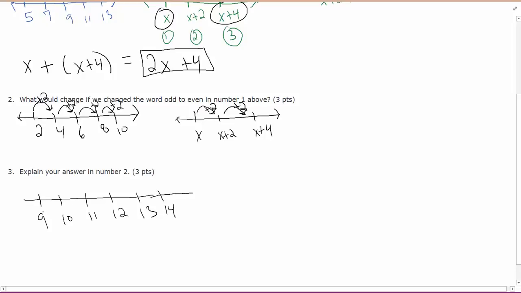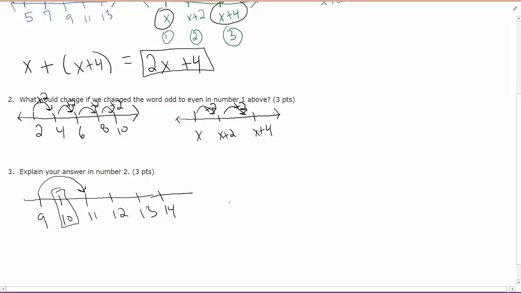So in our number line of integers, we have this pattern of even, odd, even, odd. If I want to skip over to 11, I need to skip over the even integer here. So that's probably the easiest explanation.